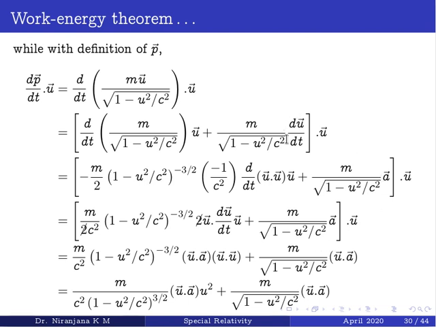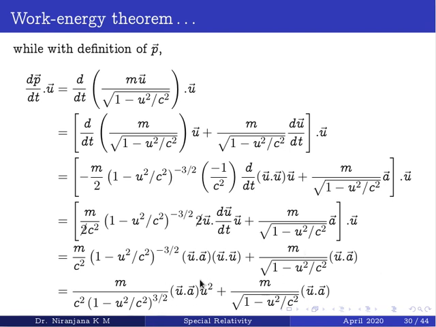And on the other side, this differentiation du by dt can be called a, the ordinary acceleration. And there is a dot u outside this parenthesis, which when used with the expression will yield the expression u dot a, and this simplifies into this expression.